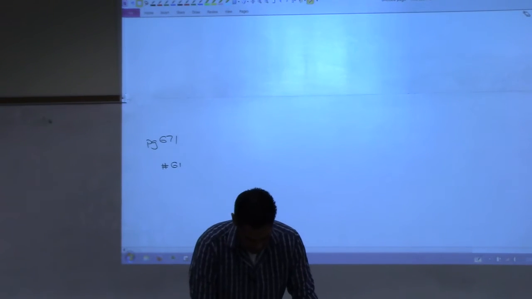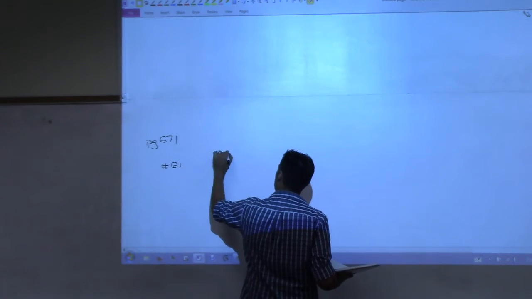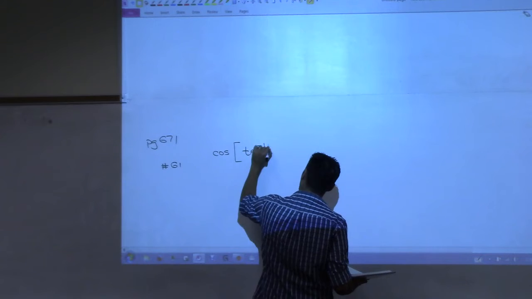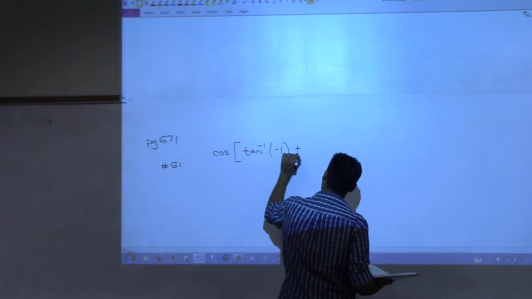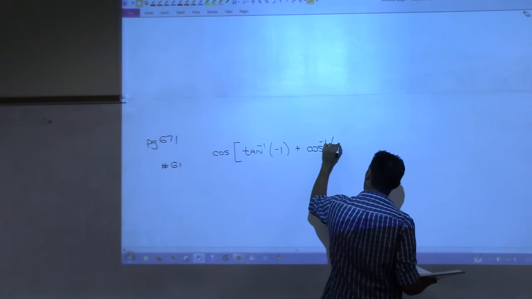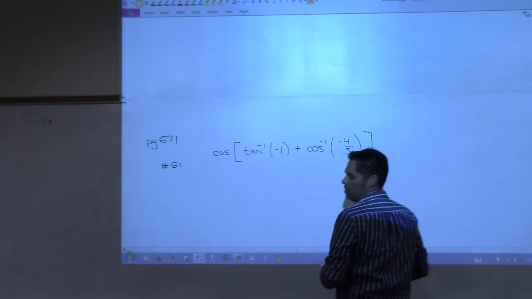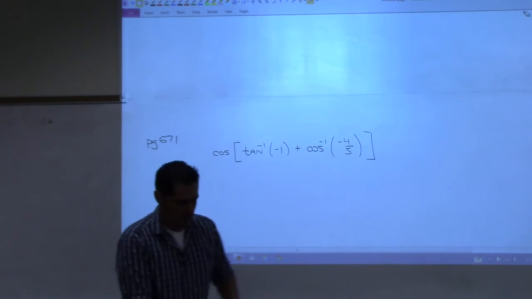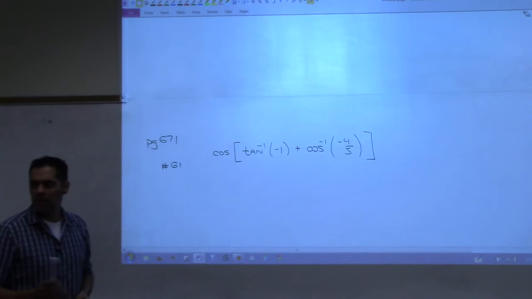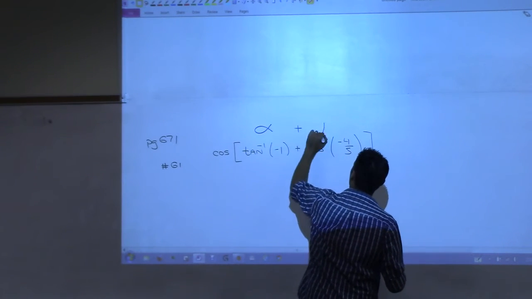Okay, so I have cosine of brackets arctangent of negative 1, plus arc cosine of negative 4/5. The overwhelming thing you need to see here is what we've talked about before: this looks like cosine of alpha plus beta.